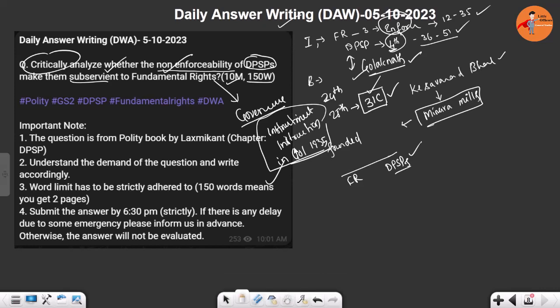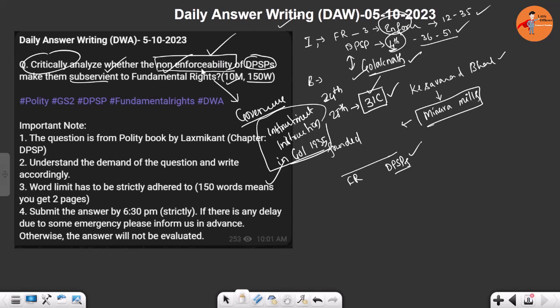Then we have to justify why they are non-enforceable. Even though they are so important, due to the vast size, so much diversity, plus the constraint on resources, they are not given enforceability.